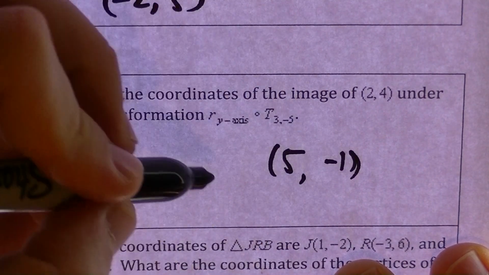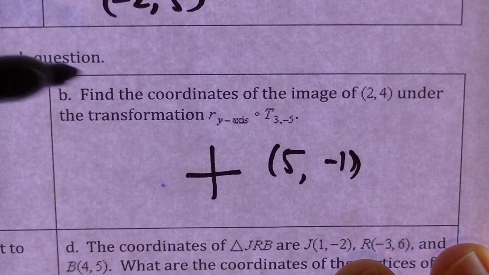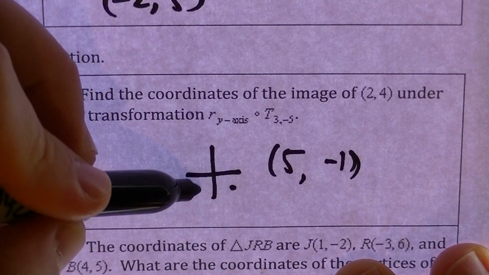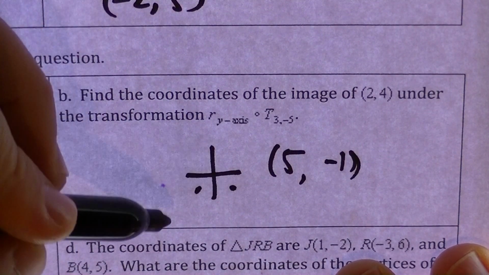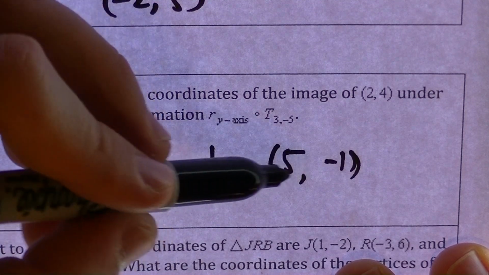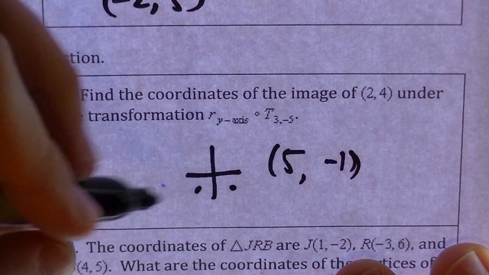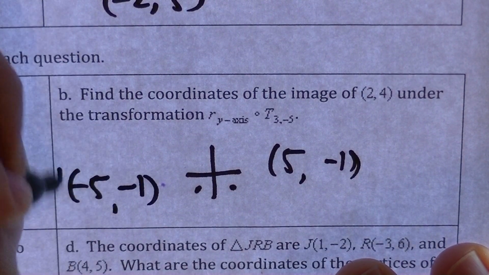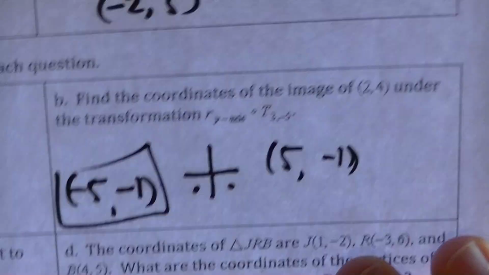And then I'm reflecting over the y-axis. Here's my y-axis, and here's the point (5, -1). I'm going to end up at this point over here because I reflected over the y-axis. So I'm going to end up at (-5, -1). That is my full answer.